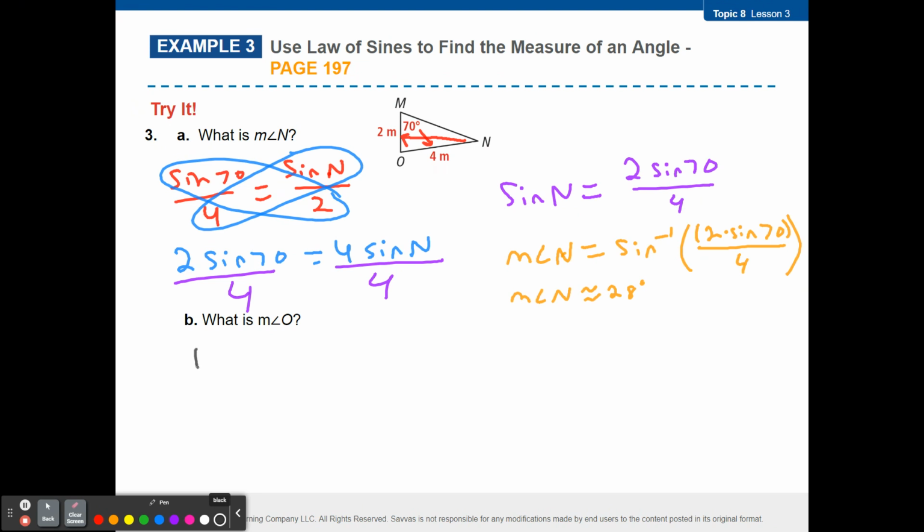So guys, after this, it's just 180 minus 70 minus 28, which gives you about 82 degrees. I'm not saying you can't use the law of sines for that. You absolutely can. But why? I think we got enough stress in our lives, you know?